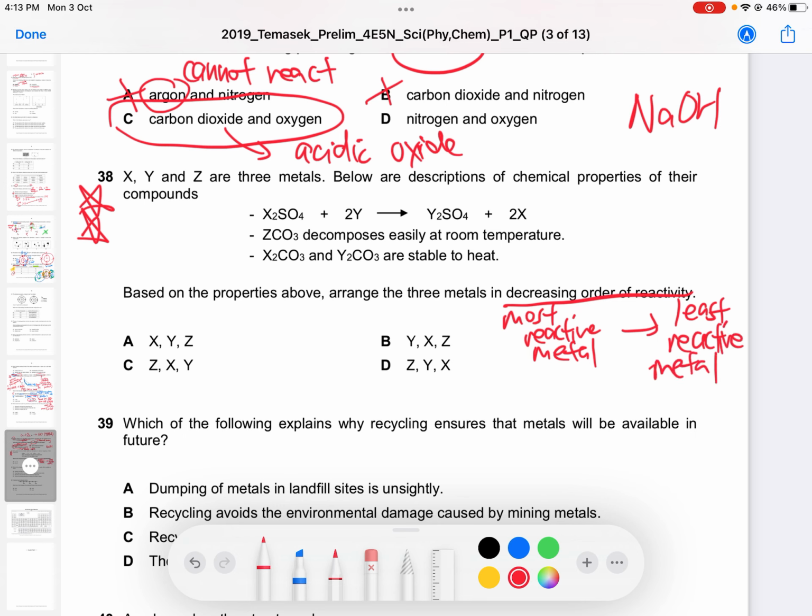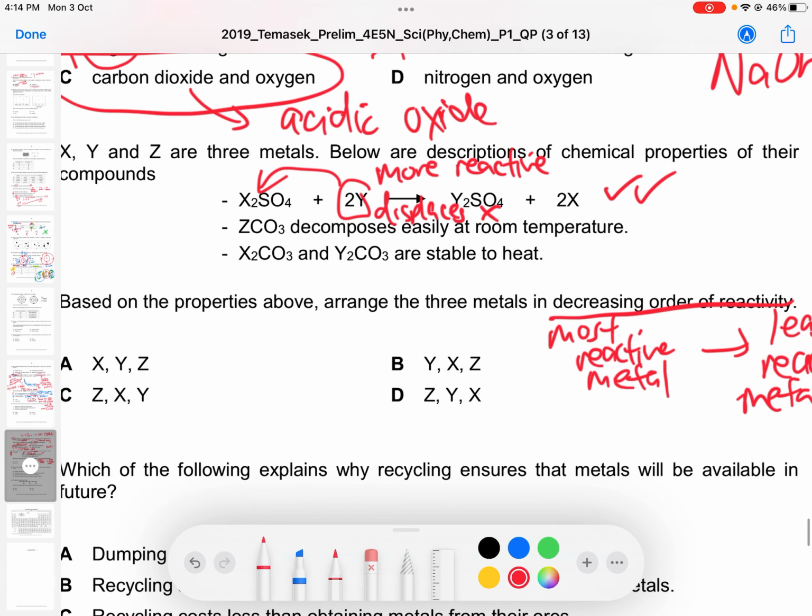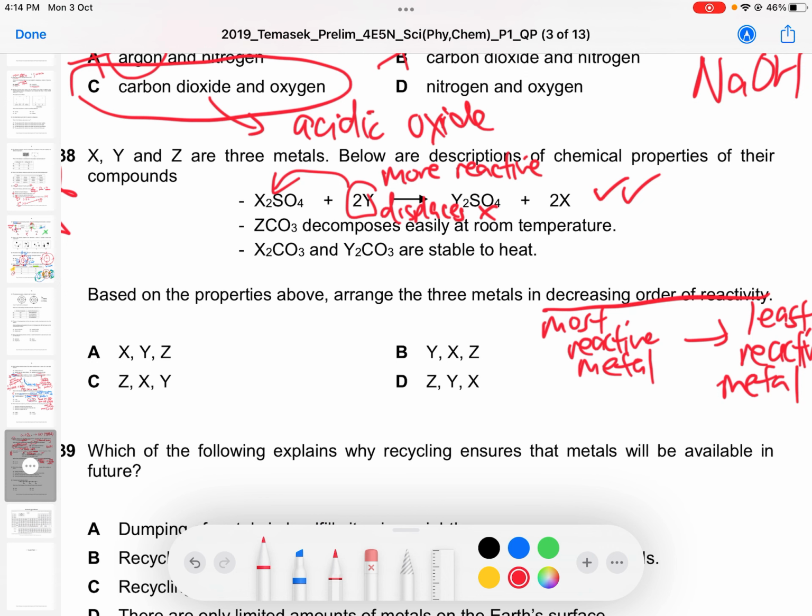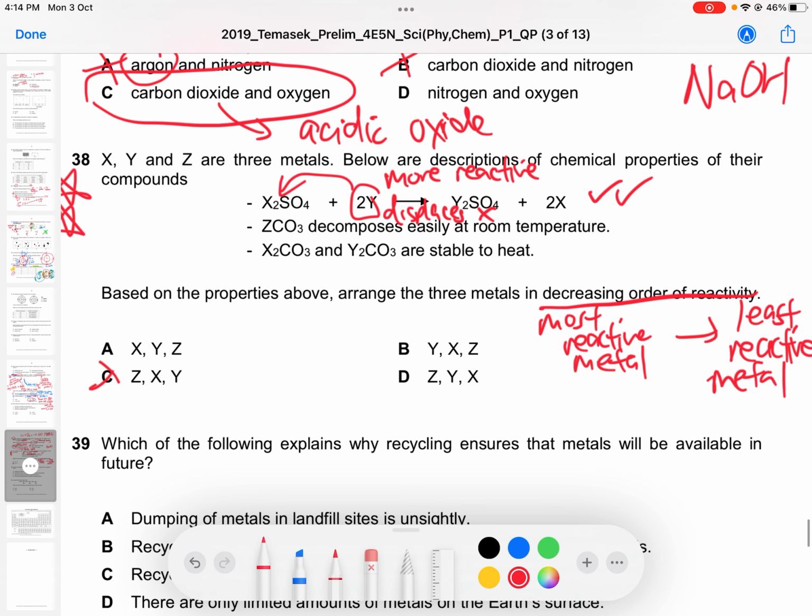So in this case, for the first one, there is a reaction, meaning Y is able to displace X. So Y more reactive. Y displaces X, so Y is definitely more reactive. So if you look at it, C is definitely out. So Y is more reactive than X.